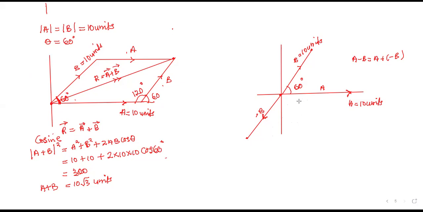So I'm drawing an equal vector of A on the head of negative B, as we've always been doing.